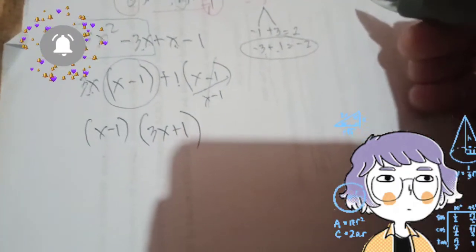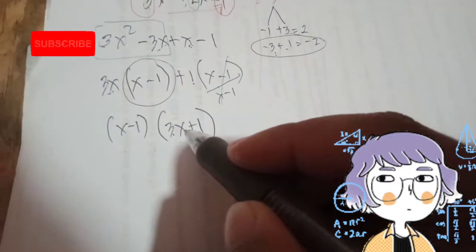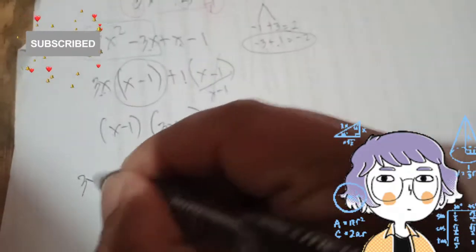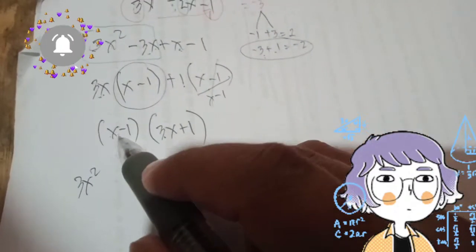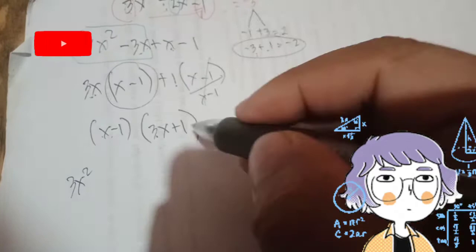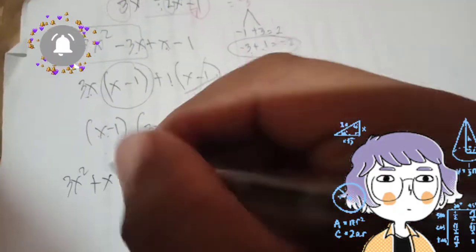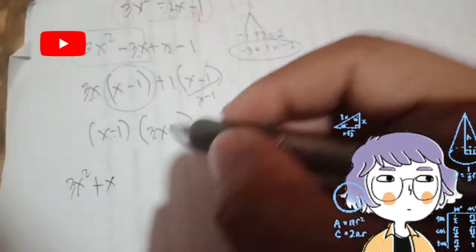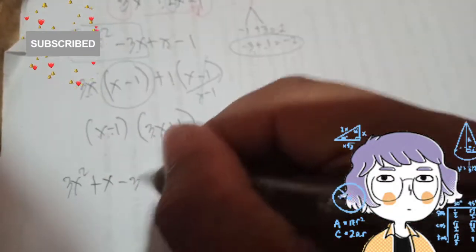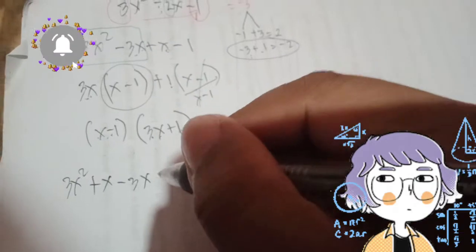Let's check if our answer is correct. x times 3x is 3x squared. x times 1 is positive x. Negative 1 times 3x is negative 3x. Negative 1 times 1 is negative 1.